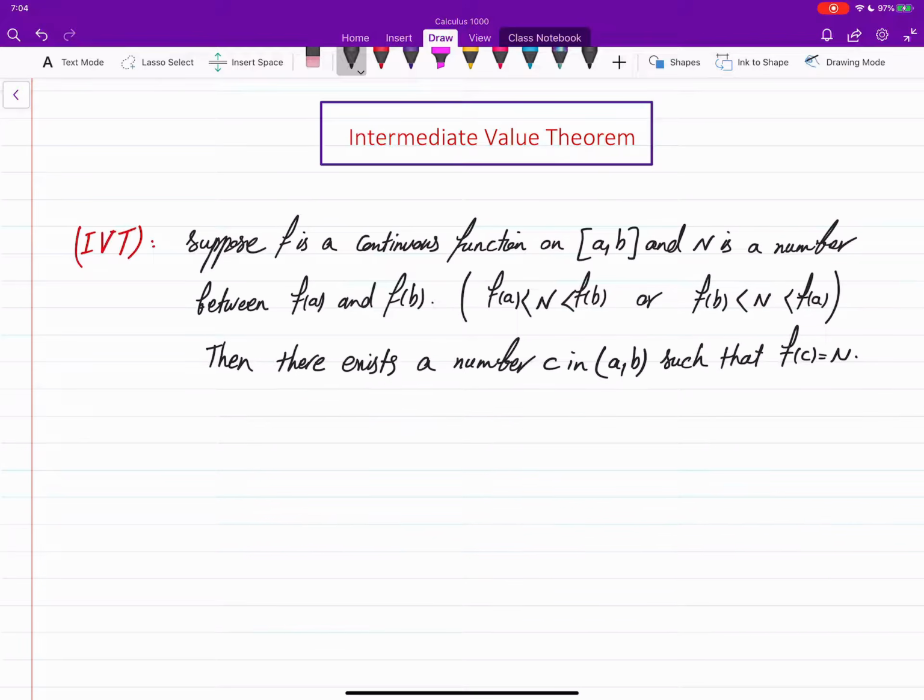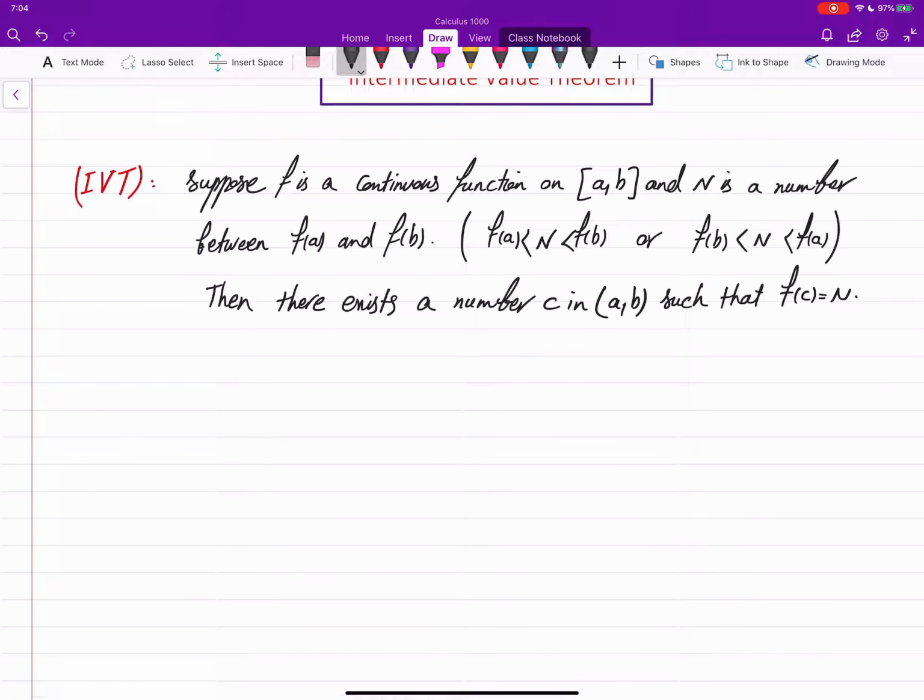What does this mean geometrically? It means that if you have a continuous function on an interval a and b, closed interval.